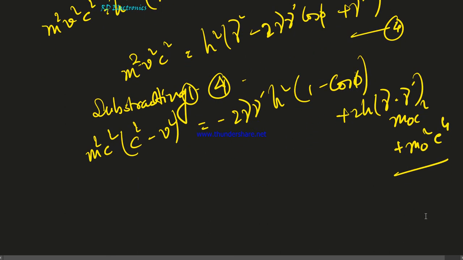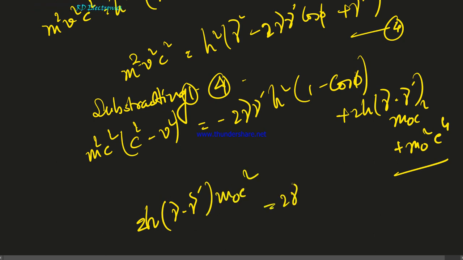So from here, after some mathematical derivation, this term 2h (nu minus nu dash) m0 c square equals 2 h square nu nu dash (1 minus cos phi).